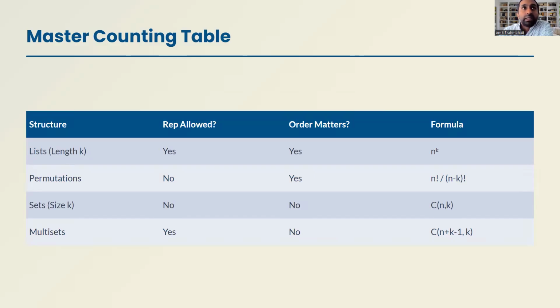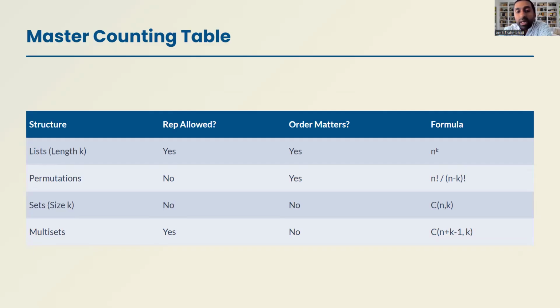Here is a table that shows the master counting table. The master counting table is one of the most important summaries of the course. It organizes the 4 core counting paradigms we have discussed. If order matters and repetition is allowed, we have lists, n to the k. If order matters and repetition is forbidden, we have permutations.